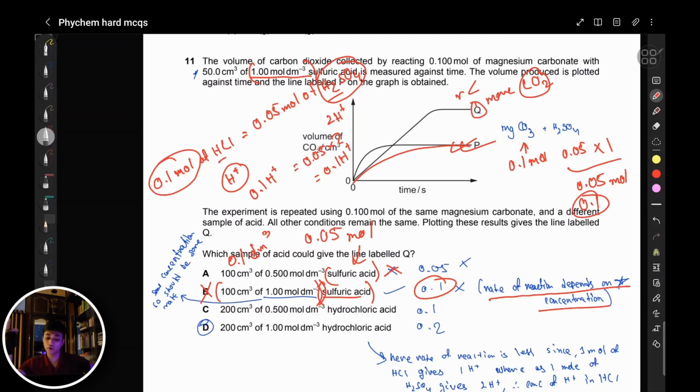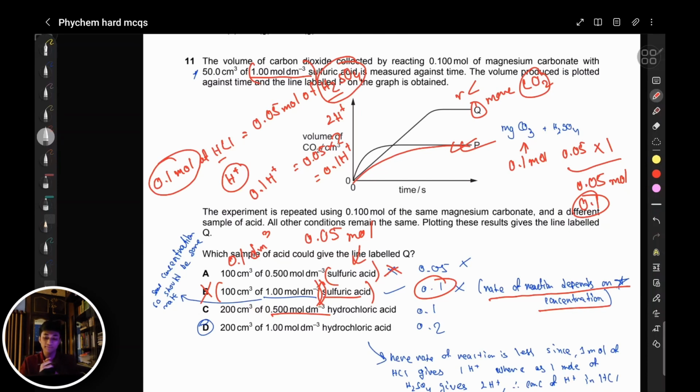For one thing, the concentration has decreased and the reactant has changed as well. And due to the decrease in concentration, the rate of reaction will decrease. Plus, HCl is only contributing 1 mole of H plus ion, whereas H2SO4 used to give you 2 moles of H plus ions. Since the concentration of H plus ions is much less in this option, the rate of reaction would be much less as well.